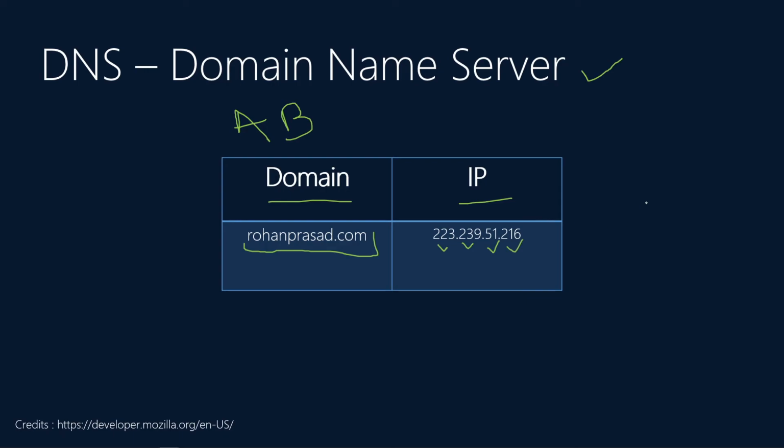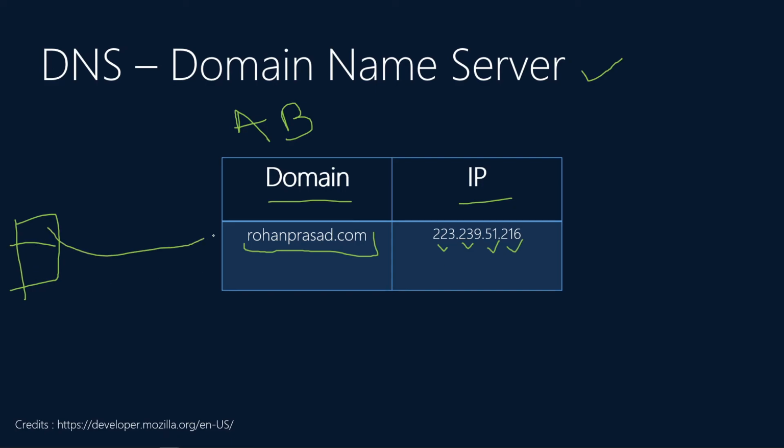Imagine you are visiting Google by typing an address, suppose 223.239.51.26. It is very difficult, right? It is very easy to remember rohanprasad.com. So in your browser where you have typed in the address, you don't generally type this IP address.